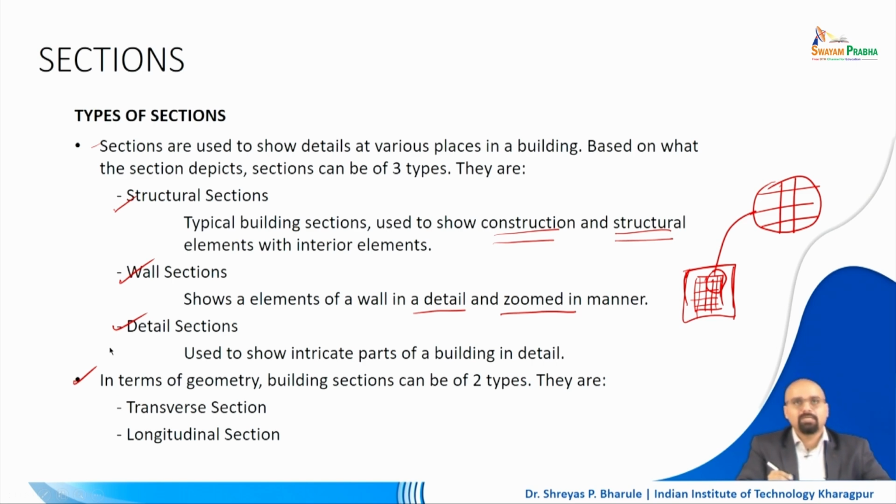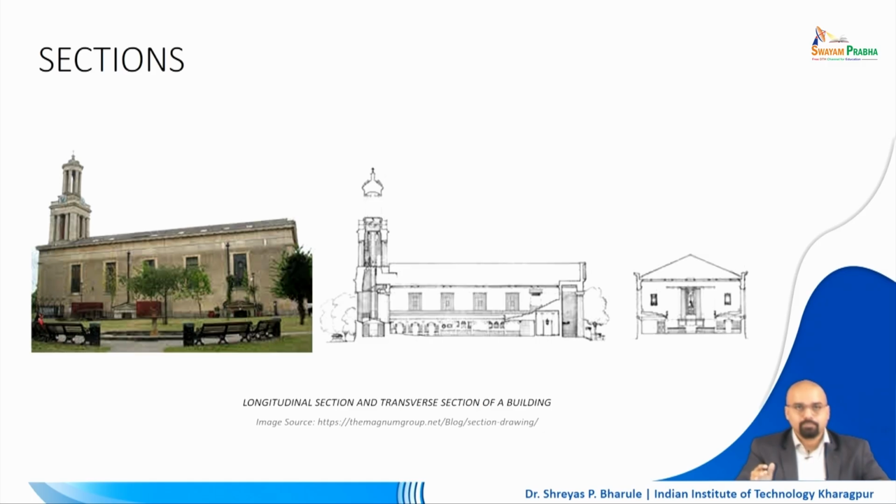So, in terms of geometry, there are 2 types of sections. One is the transverse section and another one is the longitudinal section, right. So, you can split it in 2 parts, right. Now, in this case, this would be the longitudinal section that you are passing through the whole building, right. So, this is your longitudinal section and this is the transverse section.